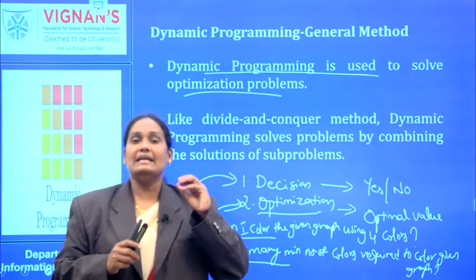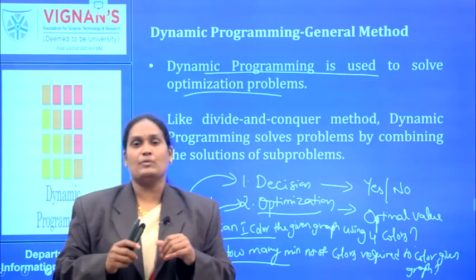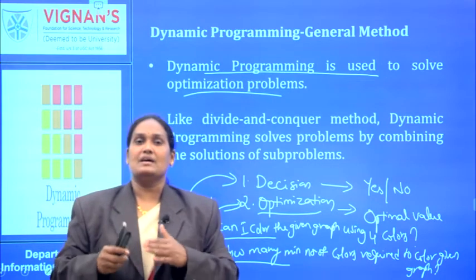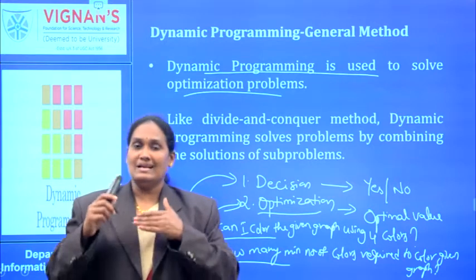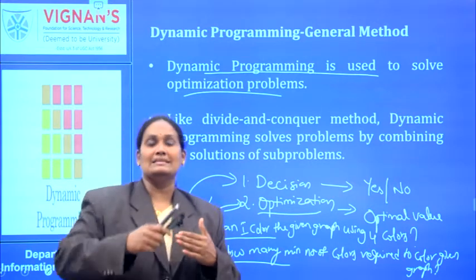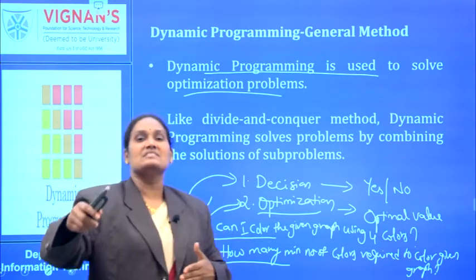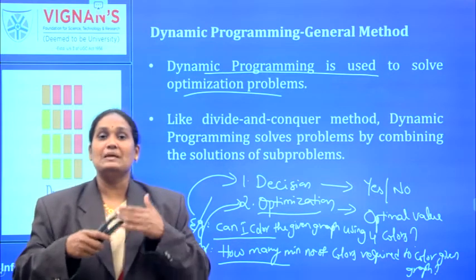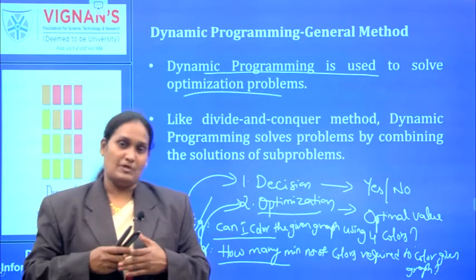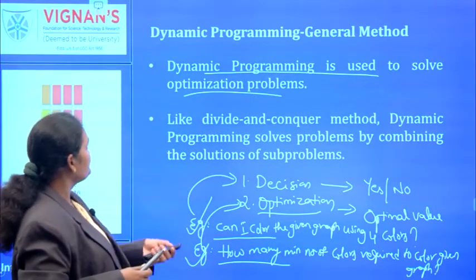They are independently solved. In dynamic programming, the subproblems are dependent on each other. One subproblem is dependent on another subproblem. By solving this subproblem only, we can solve that particular subproblem. Like that, one subproblem depends on another. Okay, now let us see the next one.